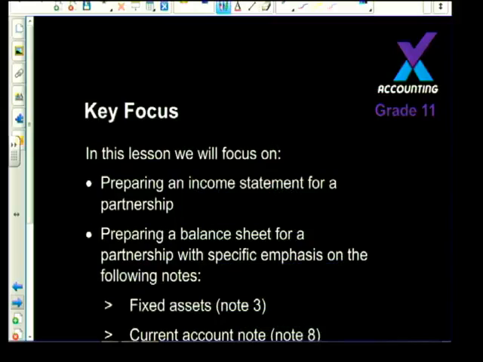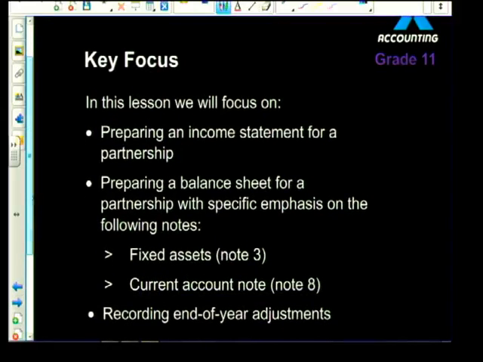So we're going to focus specifically on preparing an income statement for a partnership and also in preparing a balance sheet for a partnership, but with a specific emphasis on the notes on fixed assets, which is your note 3, as well as your current account note, which is your note 8.